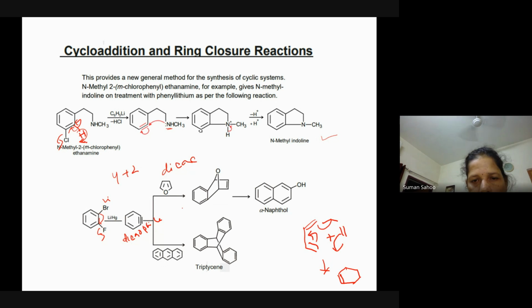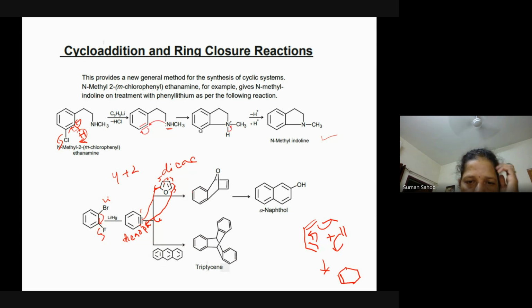In this case, you don't have to worry about whatever groups are there, but actually this is 1, 2, and this is your 3, 4, 5, 6. Just you add here, it will go there, then it will add here.